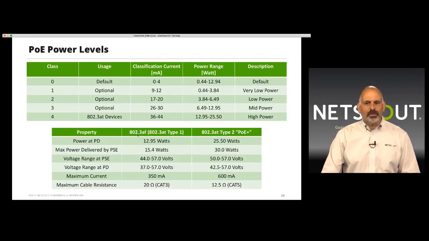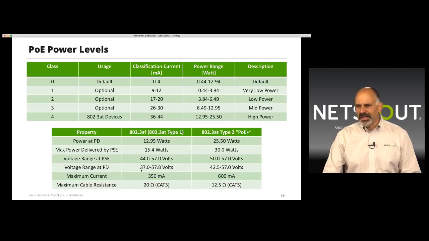Now if we come down here, for 802.3af or at Type 1, here's our power at the powered device, so that's at the end of the cable, the power delivered by the power source equipment, the voltage range at the power source equipment, and the voltage range at the PD, our powered device.